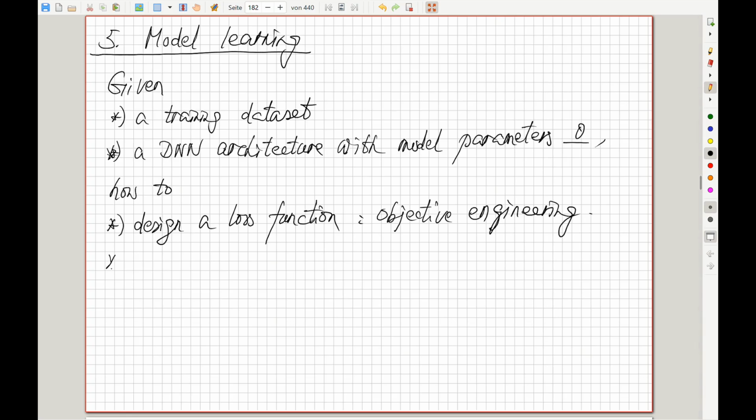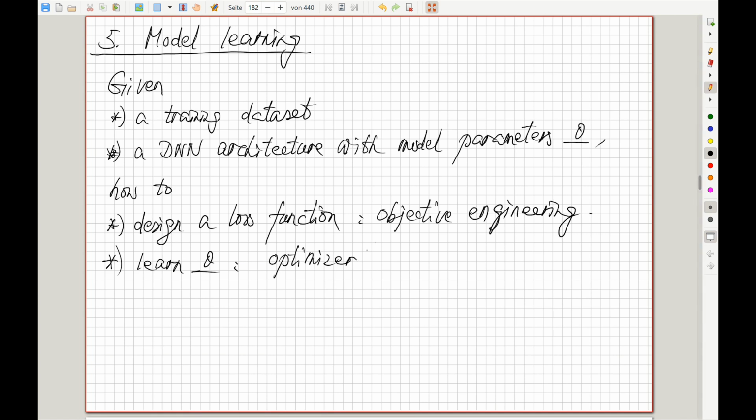And the second question is how to learn the model parameters. For this case, in addition to the objective function we choose, you need to select a suitable optimization algorithm called an optimizer.